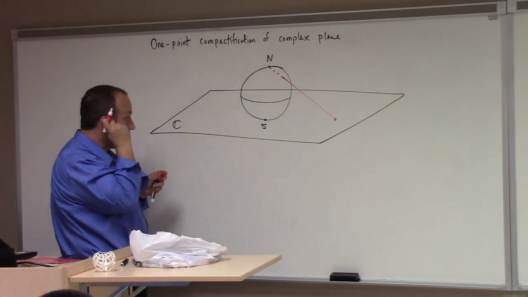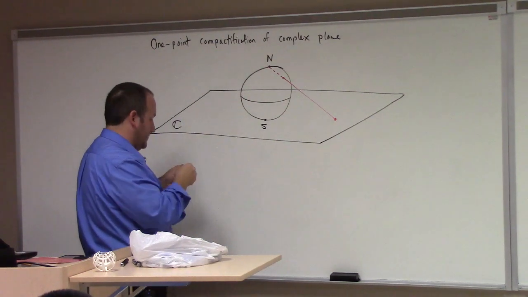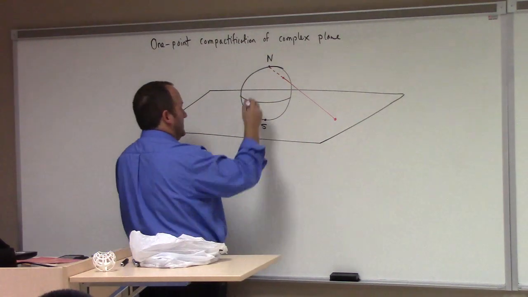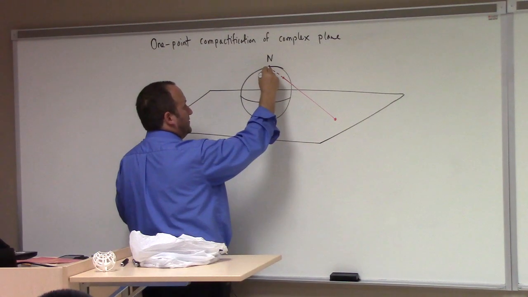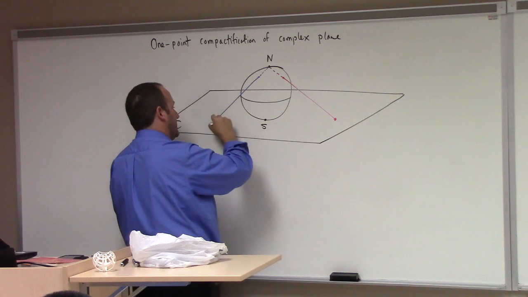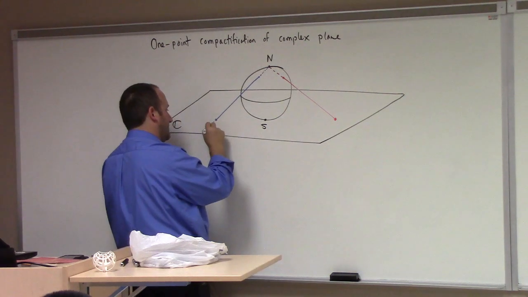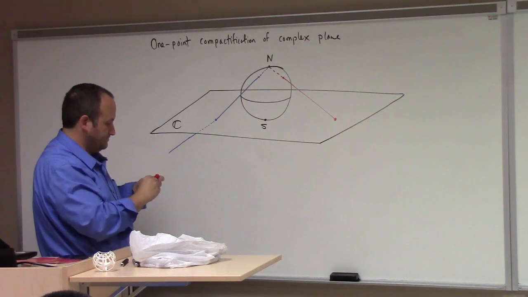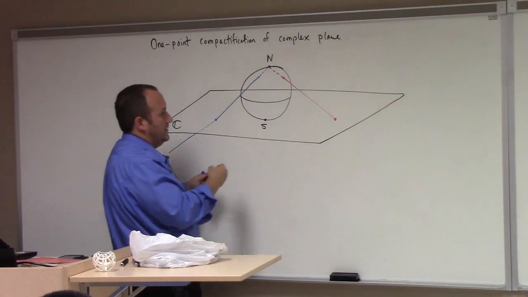Or let me draw on the other side another such picture. You can imagine the line starts at the north pole, exits the sphere, and then intersects the complex plane down here. Let's see here.